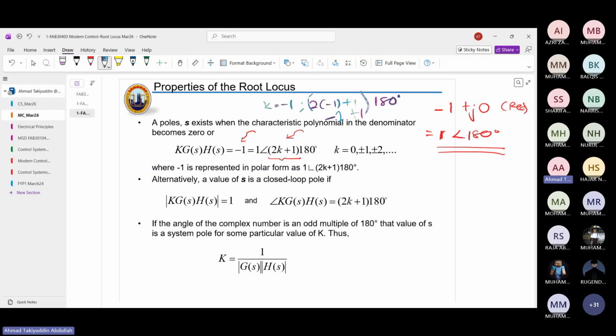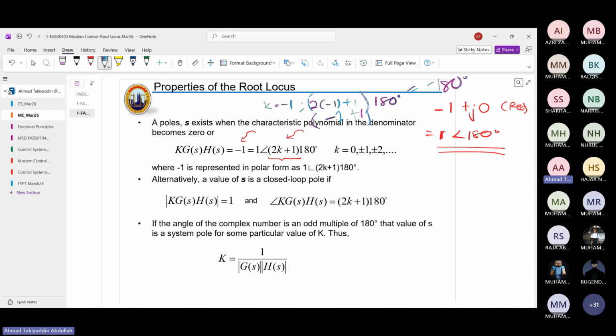Then it will be negative 1 times 180 degree. Then it will be minus 180 degree. Am I right? Yes, sir.